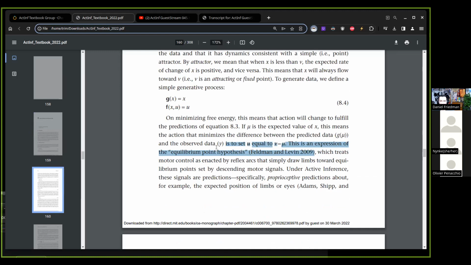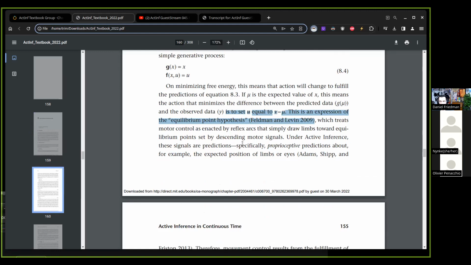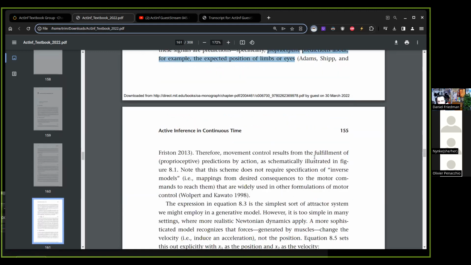This connects to the equilibrium point hypothesis. Again, it relates to a proprioceptive prediction about expected proprioceptive feedback coming from, for example, the limbs or the eyes.